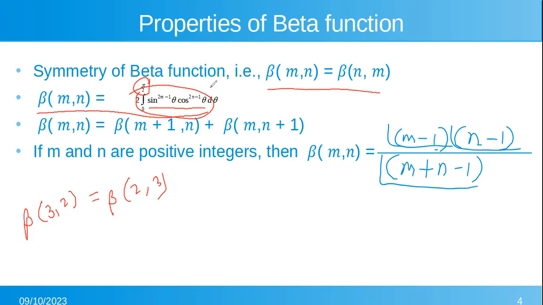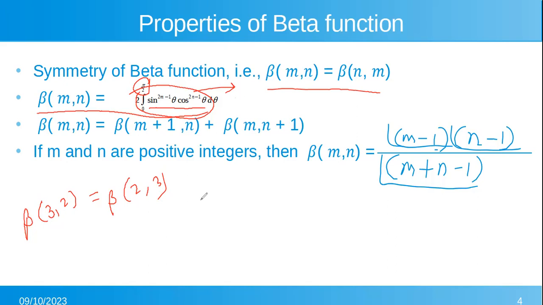That means we can identify m and n from the powers of sine and cos theta. And since we have just learned the previous property that beta function is symmetric, there is no doubt that which one is m and which one is n does not matter.